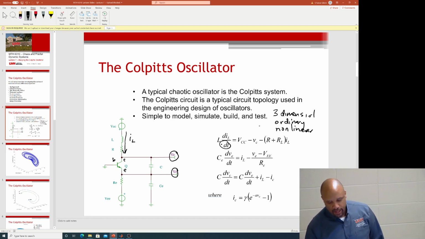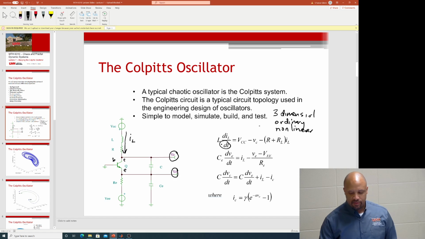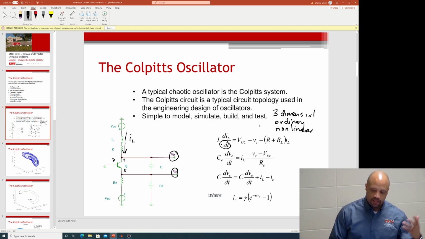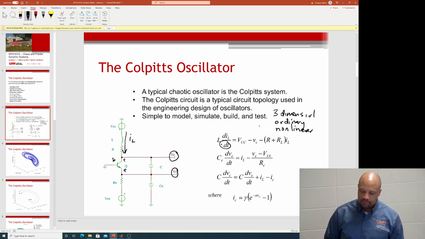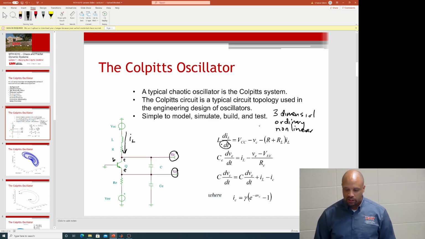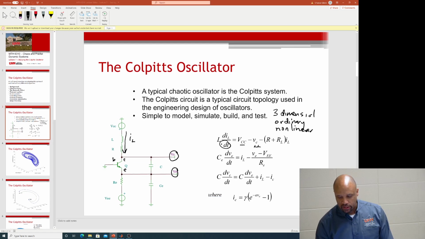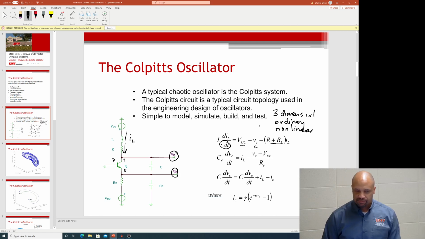Now, you may know from just general physics that something with respect to time, change in time, is a velocity with respect to what's changing. So it's the velocity of the current, the velocity of the voltage, the velocity of the other voltage. But in electrical engineering terms, L di dt is a voltage. So these, as you can see, are all voltage expressions.